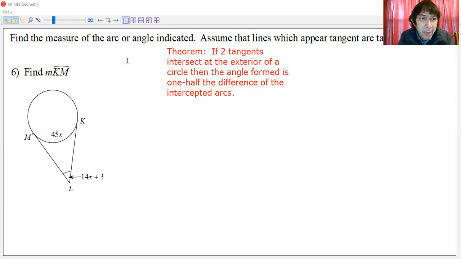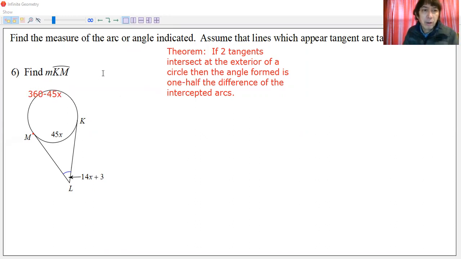So we have 1 full circle minus the 45x arc. That will be the expression for the bigger arc. We can label the other arc 360 minus 45x.